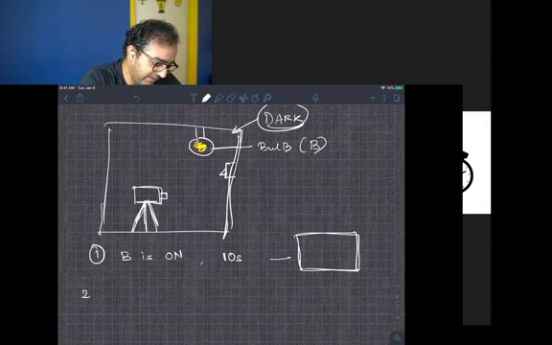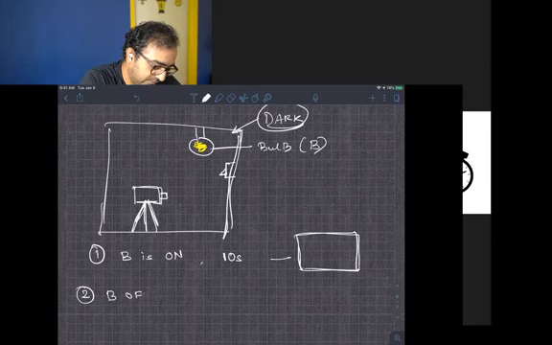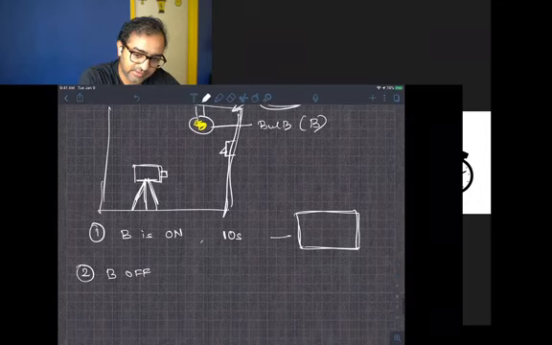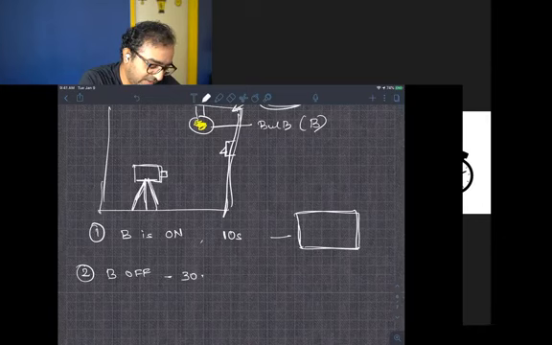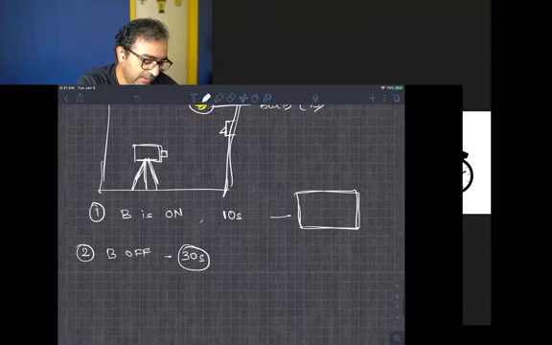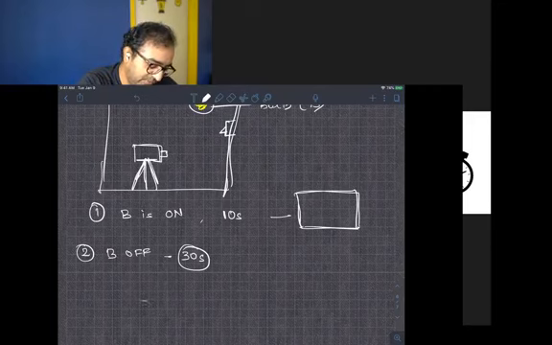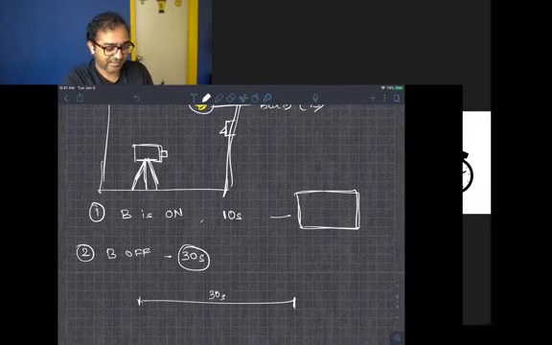The second case, this is the interesting case. In this case, the bulb is off initially, right? The bulb is off initially. The camera is set for a 30-second exposure. Remember this, 30-second exposure. And then in the middle of this 30-second exposure, so if you think of a timeline, this is the 30 seconds for which the camera is letting light inside.